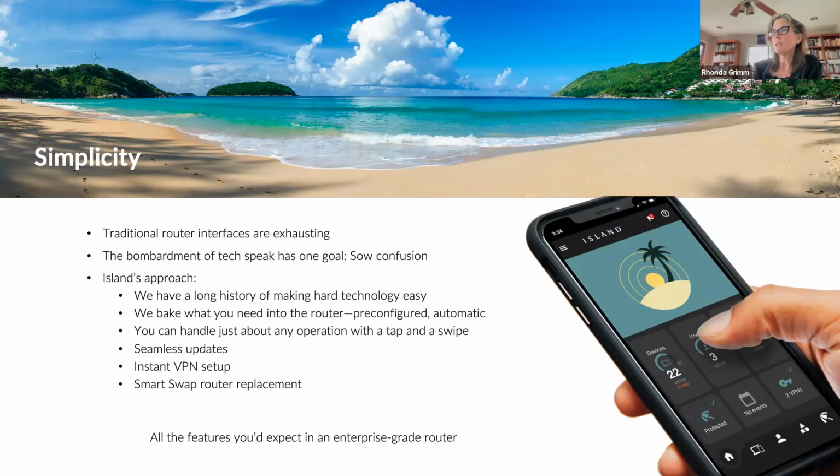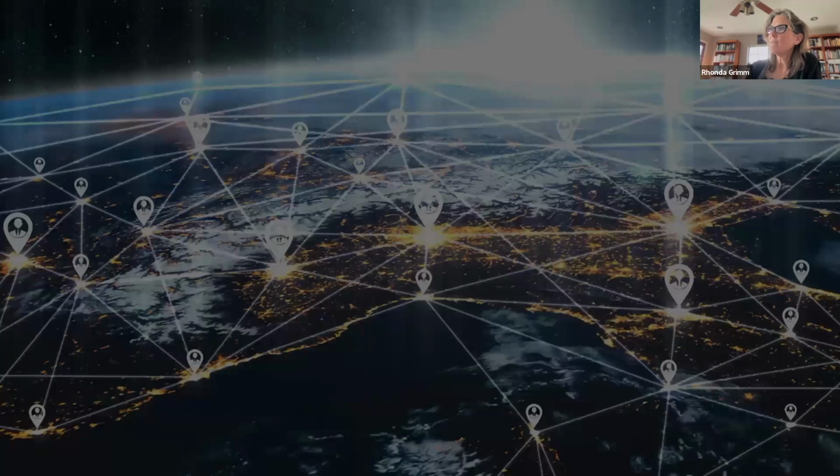You can adjust it if you'd like, but you don't have to. Everything is basically handled with a tap and a swipe. Seamless updates. You don't have to take the network down. And instant VPN setup. That's a really cool thing we could always show you. And it's basically all the features you'd expect in an enterprise or carrier grade router, but for the AV world.